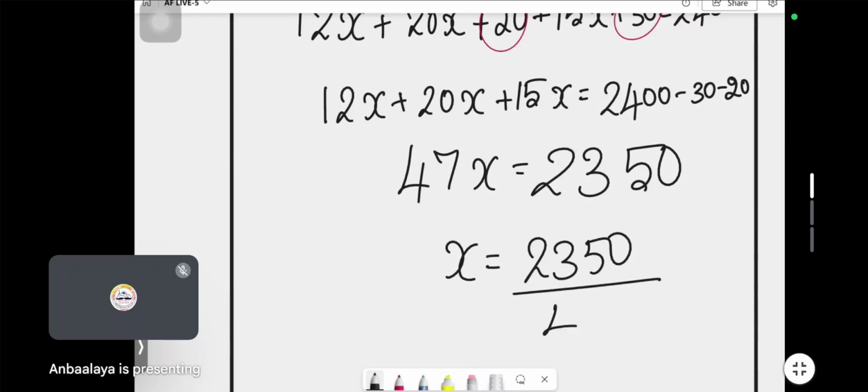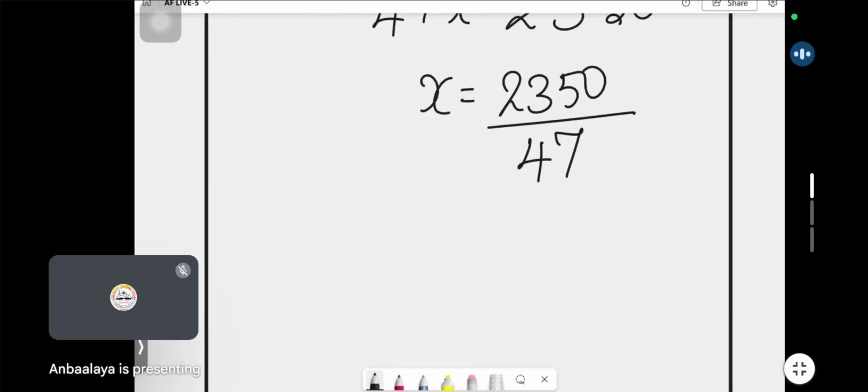2,350 by 47. Okay, let's see who finishes this division first and tells the answer. I'm going to note down who tells the answer. Divide and tell the answer.